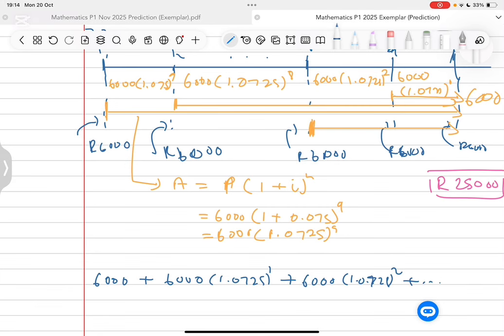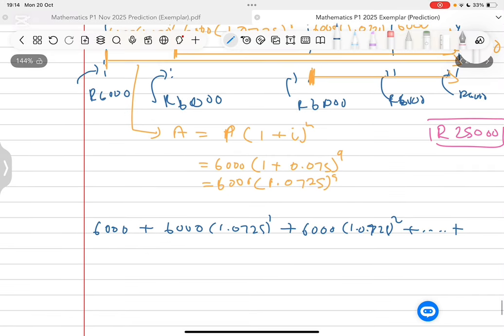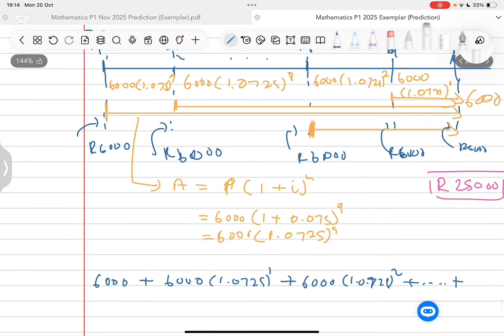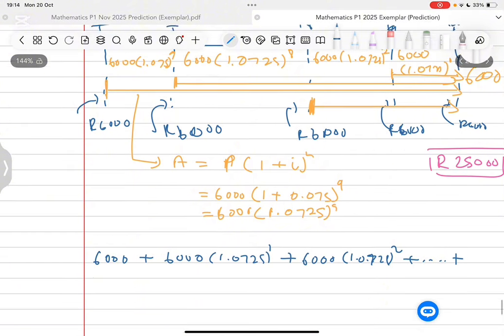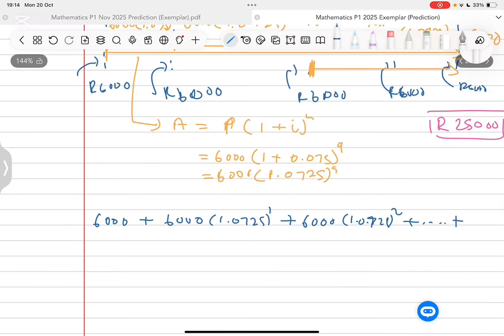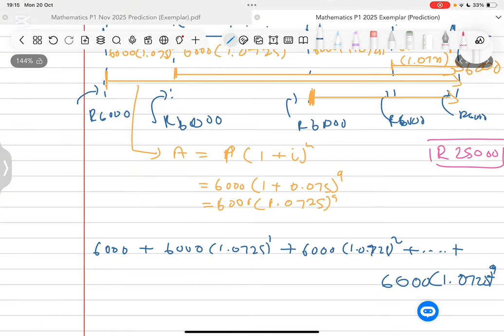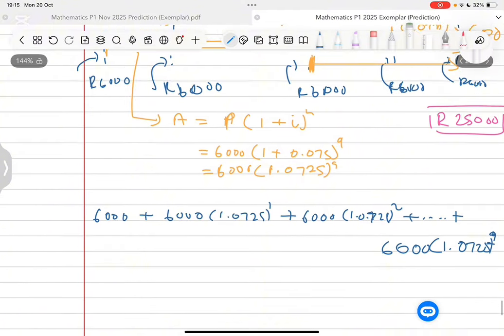And we are going to continue adding this money like that until we get, let's say, to the final payment, which is this one here, which used to be the first payment, I mean to say. So you're going to have 6,000 × 1.0725, and here we're saying 9. Now notice that even if we end here at 9, we have actually made 10 payments, because the last payment here is also included. So that means we have a total of 10 payments.